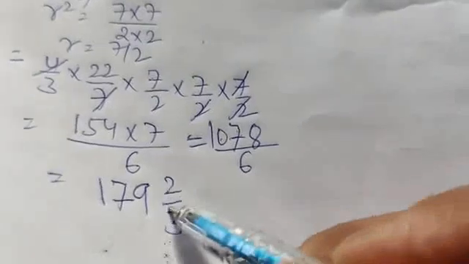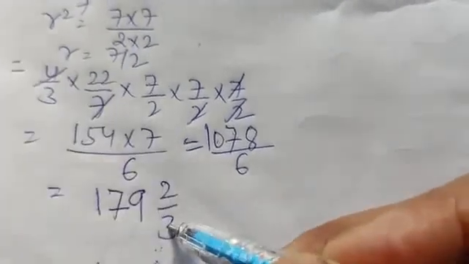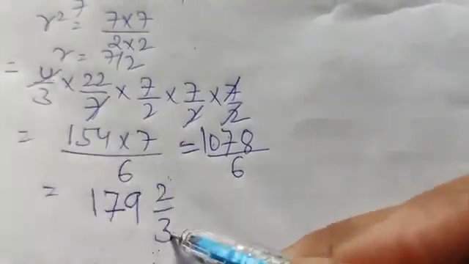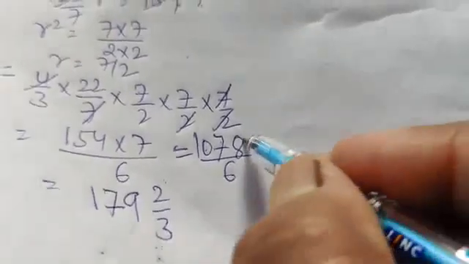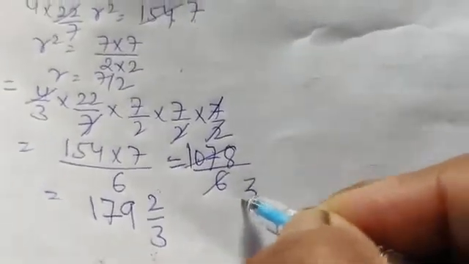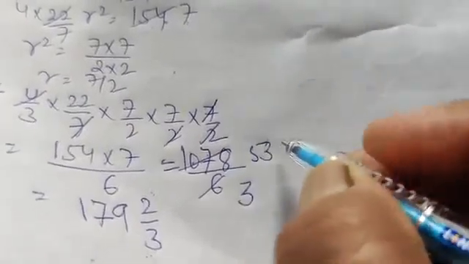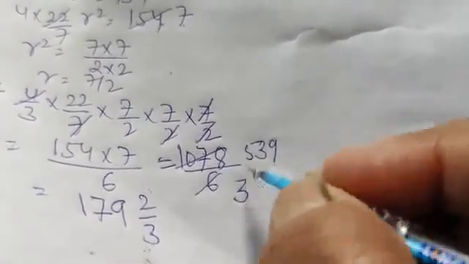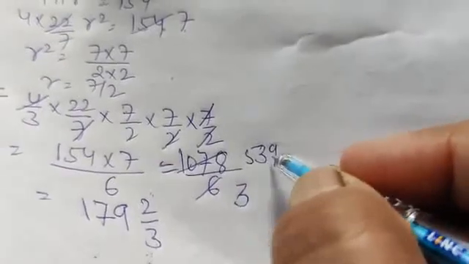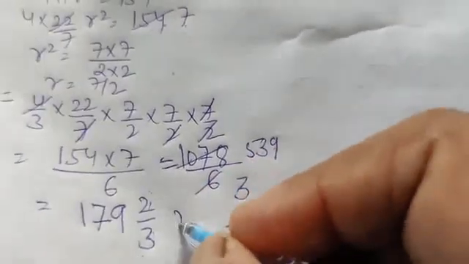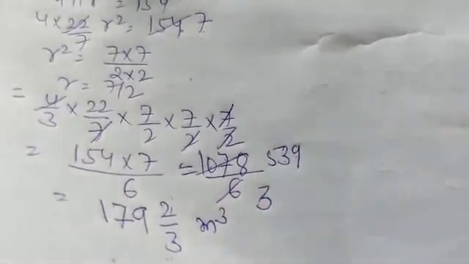Here is 4 by 6, remainder 4 and 6, by cancelling 2 by 3. You can cancel here. 2 3s are 6, 2 5s are 10, 2 9s are 18. 3 1s are 3, 3 7s are 21, 3 9s are 27. 179 whole 2 by 3 meter cube. Okay. The next question.